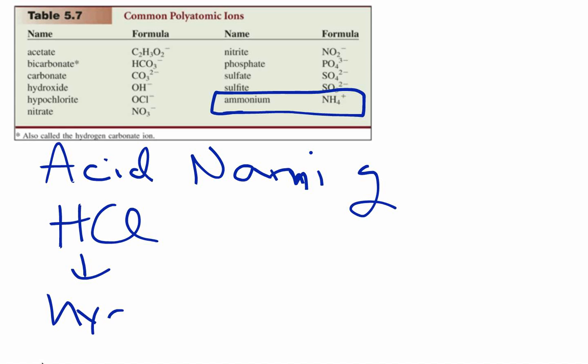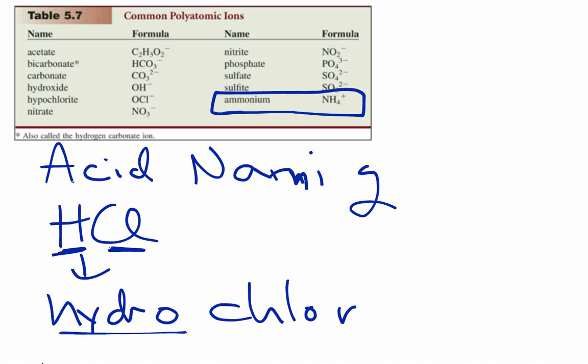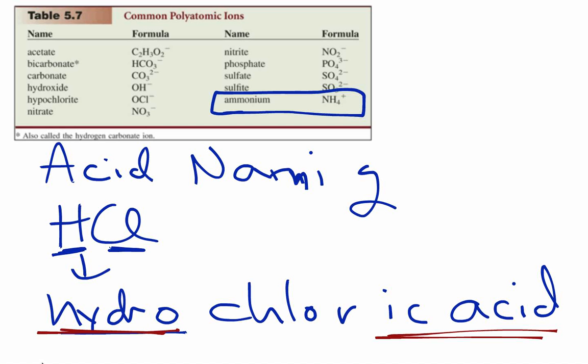So this is going to be hydro, because there's hydrogen attached, and then it's based on the ion it's attached to: chlor, and then ic acid. If it's an acid based on a single element ion, it's going to have a hydro beginning and an ic acid ending: hydrochloric acid.